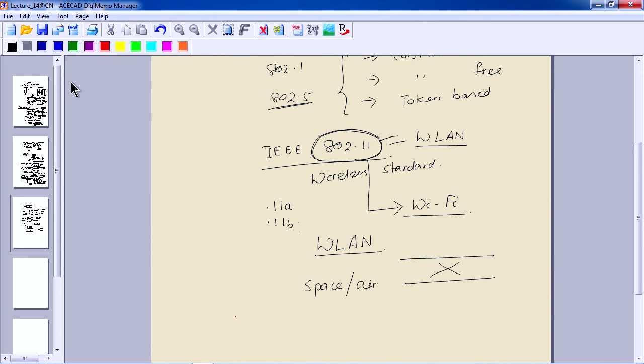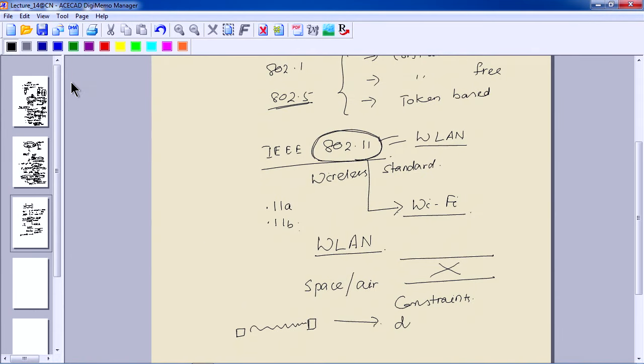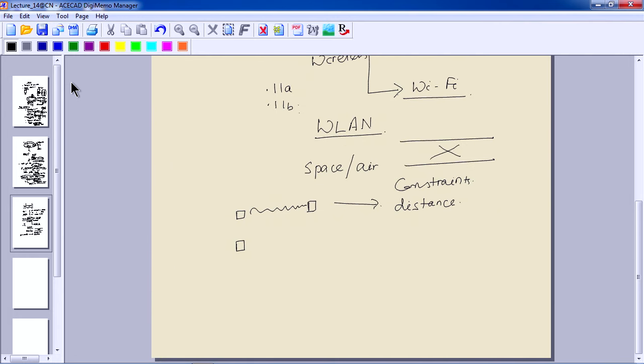That means if a node is here and it is communicating with another node, then the communication is through air, and if air is the media, what will be the problem? What will be the constraints? First tell me what will be the constraints? Distance, good.